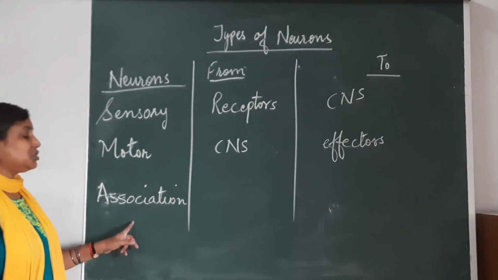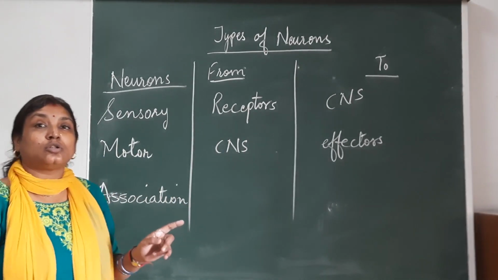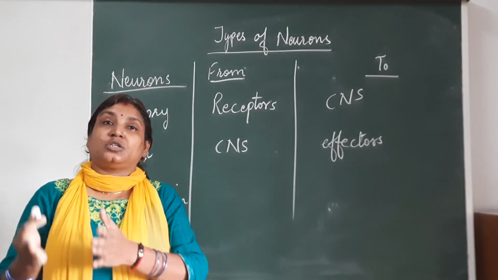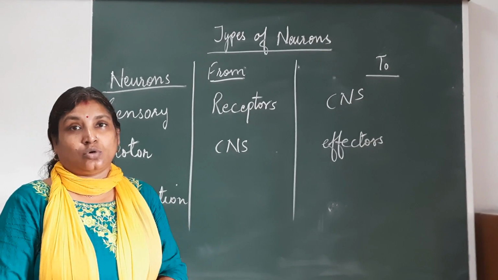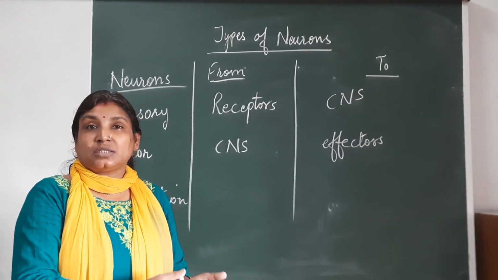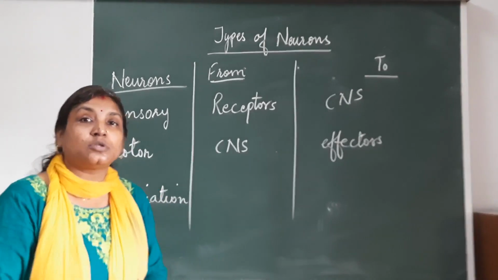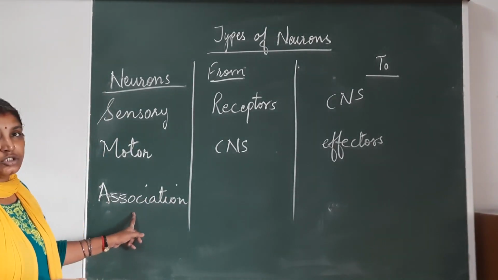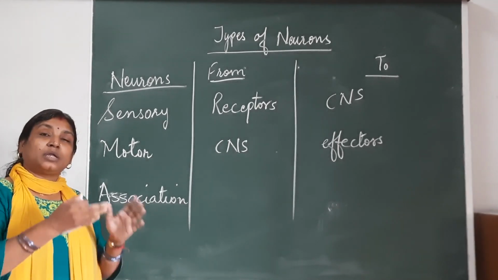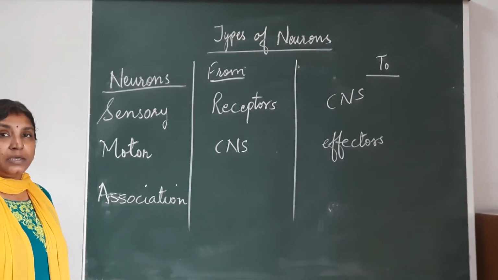Last is the association neuron. Association neuron is also known as mixed neuron because it comprises both the sensory and the motor neuron. The act of interpreting the message and generating the response is done by the association neuron. These neurons are also present in the central nervous system, that is your brain and spinal cord.